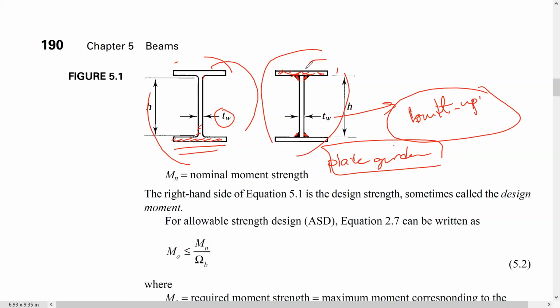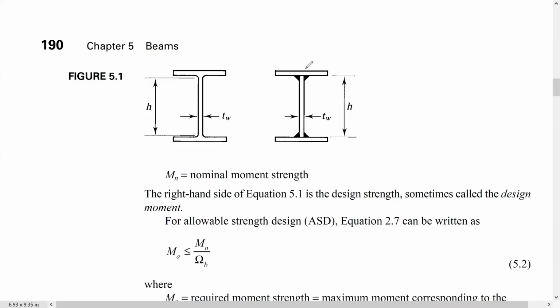And let's move on. As I promised, guys, this is a wide flange shape, and this is a wide flange shape. But what is the difference? Here, this is a hot rolled cross section, which is a standard cross section, and you see this is one piece, and there is no welding or bolting.